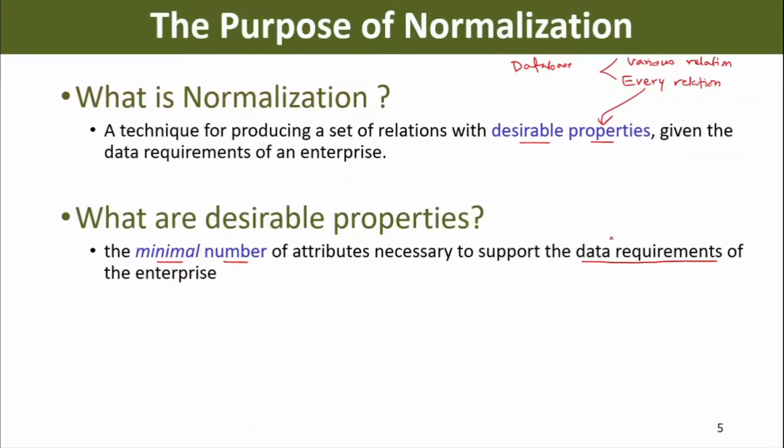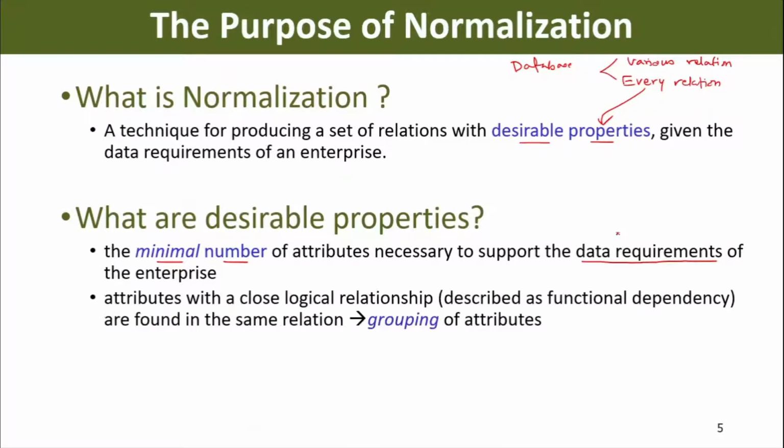We should always come up with the minimal number of attributes that we can use to store the required information about the enterprise. Unnecessarily we should not have many attributes, maybe repeating some information. That should not happen. What next?